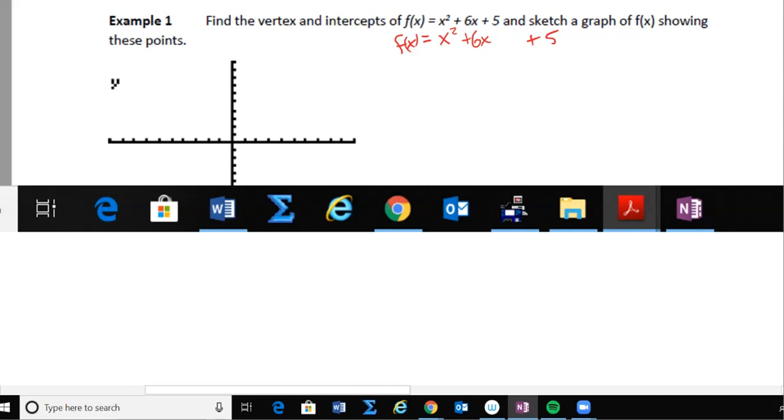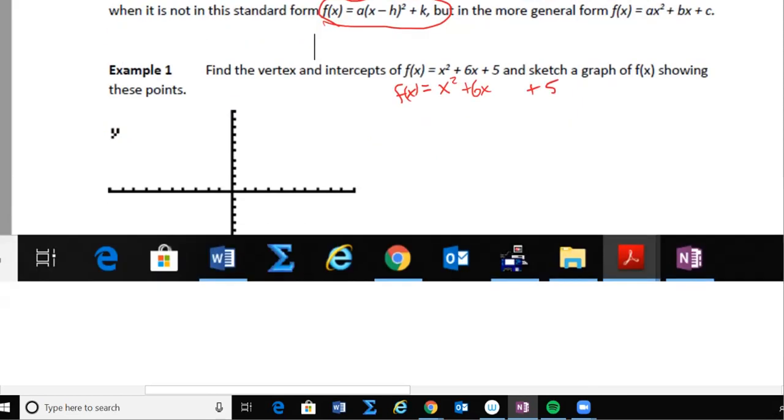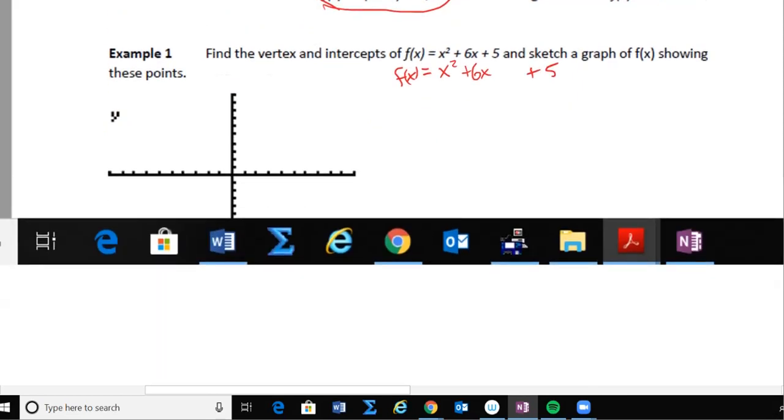I need to complete the square. I need to get it into this form up here. This is the form I need so I can identify all my pieces. Okay, so I'm going to try to complete the square on this then.